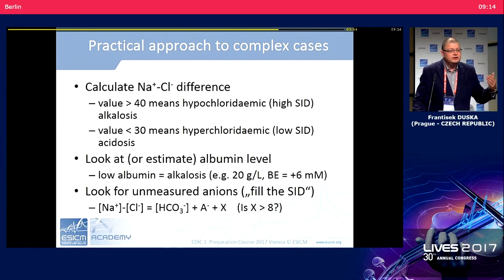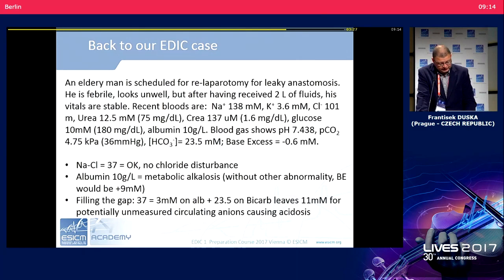Just dissect the patient's blood into calculation of sodium chloride difference and eventual detecting hypochloremic alkalosis or hyperchloridemic acidosis. Look at measured or estimated albumin level and calculate the charges on albumin and look whether these values fit, okay? And if they don't, there is a circulating ion.